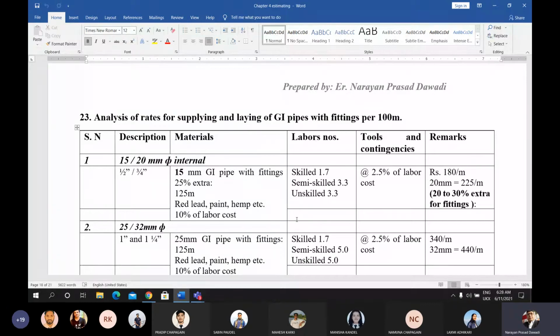GI pipes can be used for taking the water connection from the municipality line to the internal plumbing system, or the internal water supply system. Okay, this is the GI pipe.